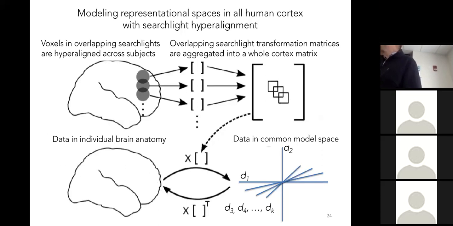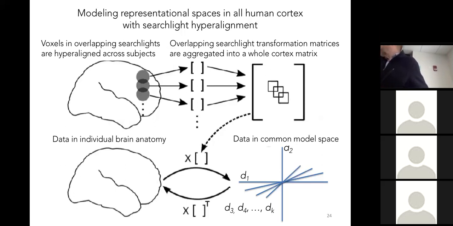And so we end up with overlapping transformation matrices. And there are about 50,000 such searchlights. And then we aggregate these together into one whole brain transformation matrix simply by, we either average or sometimes we just add weights for voxels being transformed into model dimensions.